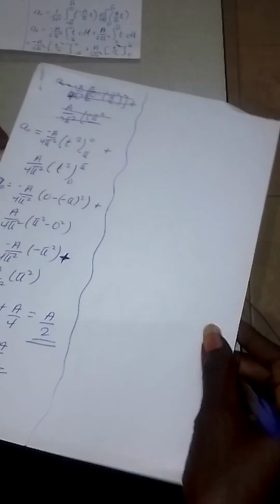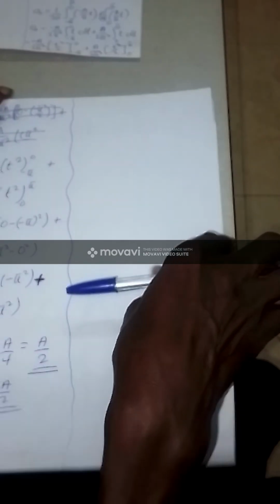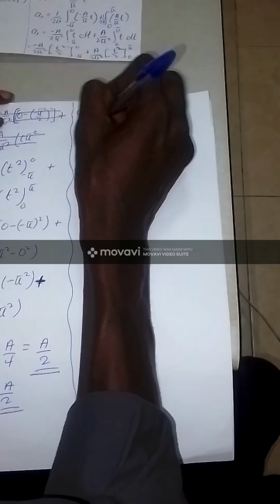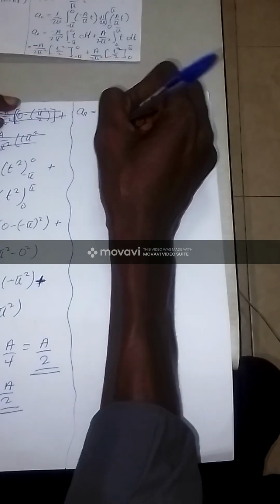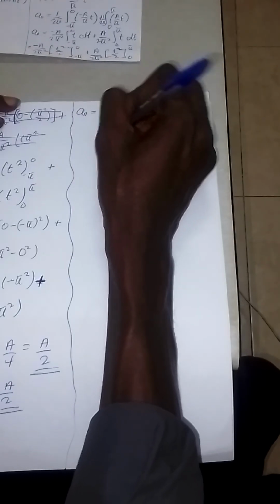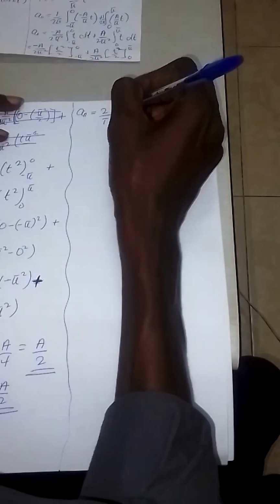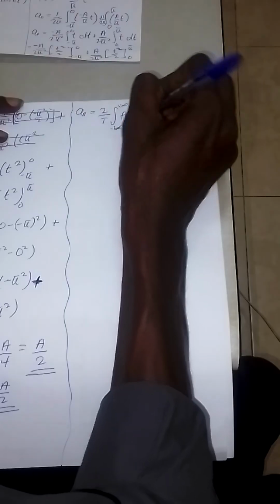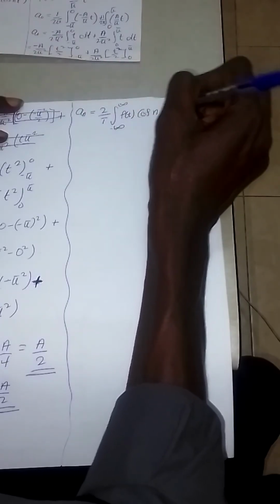Okay, very good. So now we know our A naught. So we will go on to our An. So we know that An is equal to 2 over T summation from minus infinity to infinity of f of t cos n omega naught t.